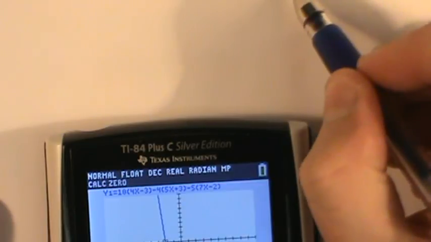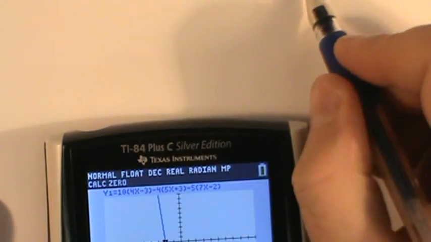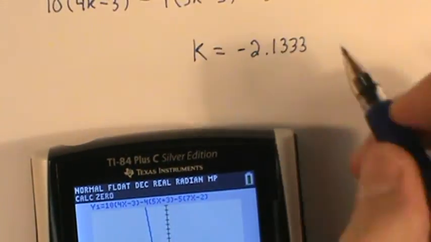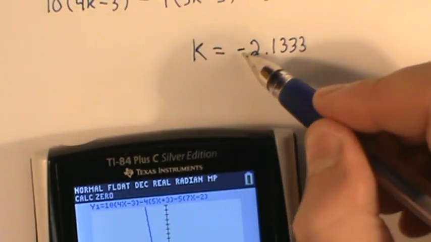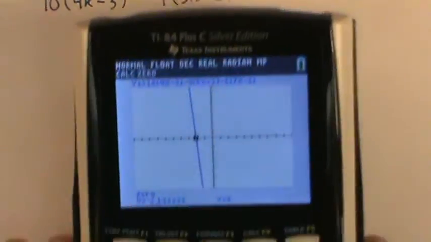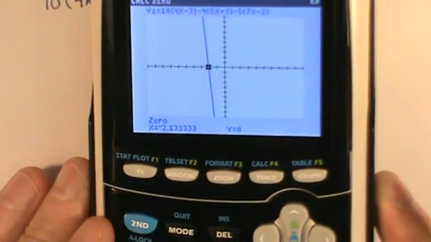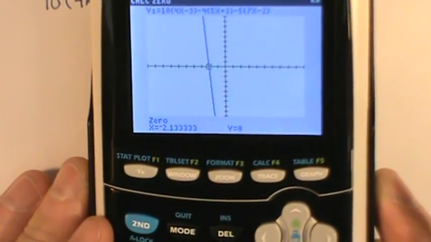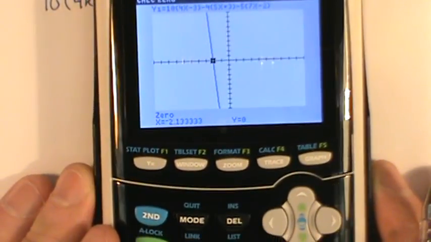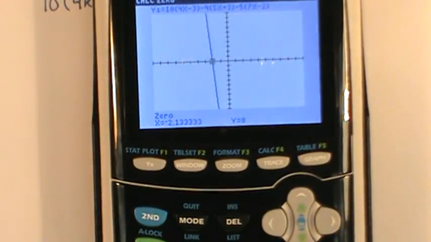Make sure your decimal goes as far as I ask you to take it, and you round appropriately. So you saw all on this one where I said k equals negative 2.13333, and hopefully that helps you out. You figure out how to use the graphing calculator to solve algebraic expressions.